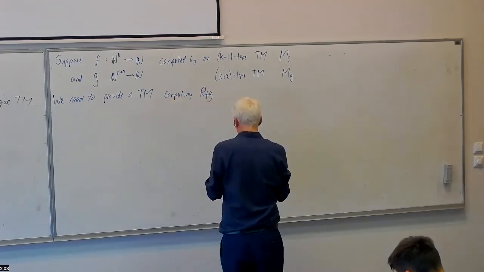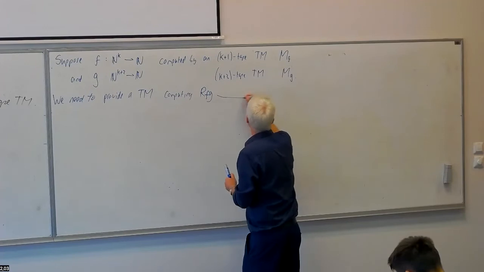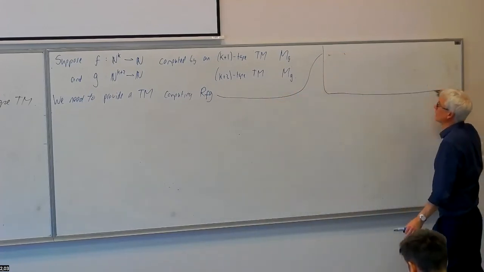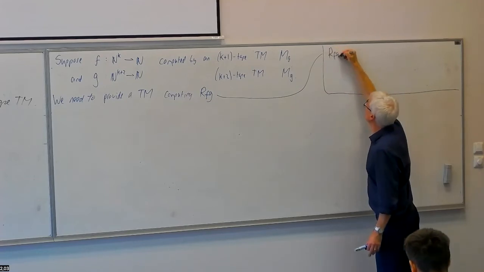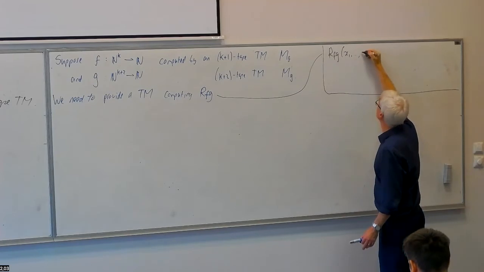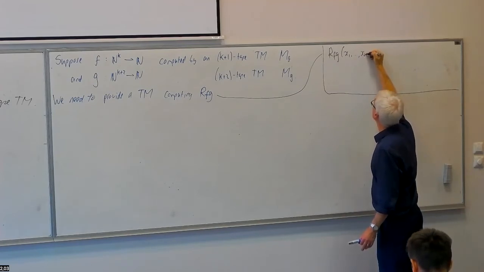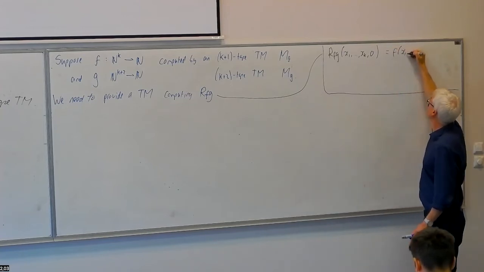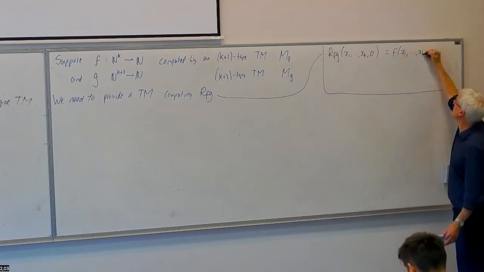And remember, I write the equations again in a box here so that we've got them to look at. So R(f, g) is a k plus 1 argument function. On 0 it is f applied to the other arguments.